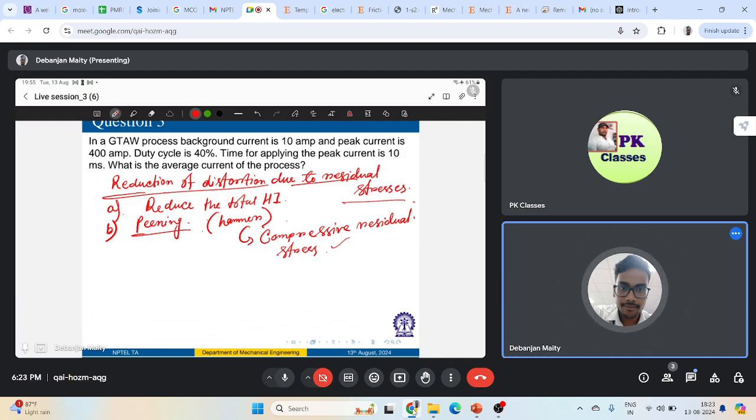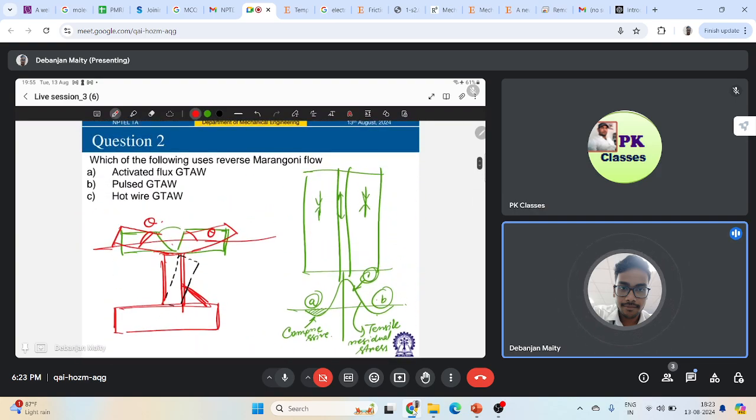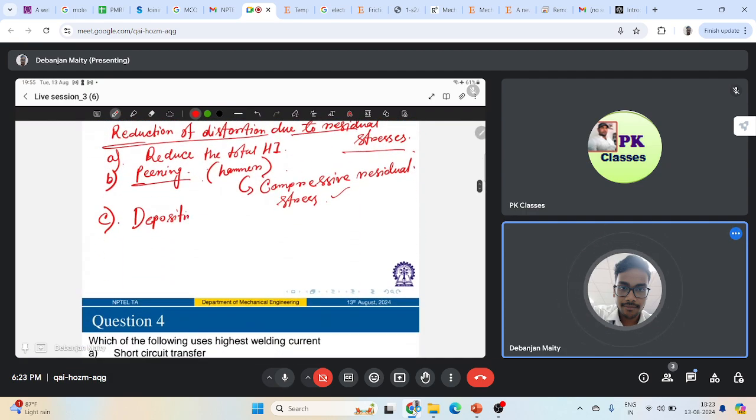Another aspect can be depositing some weld metal in some specific pattern. If you are doing joining, you can deposit your weld metal in a specific pattern so that the tensile and compressive residual stresses will balance each other, right?